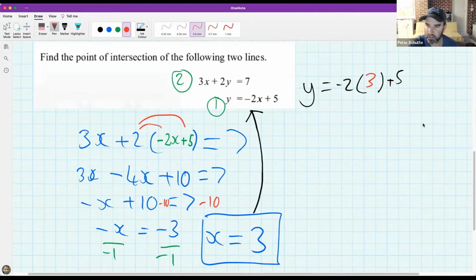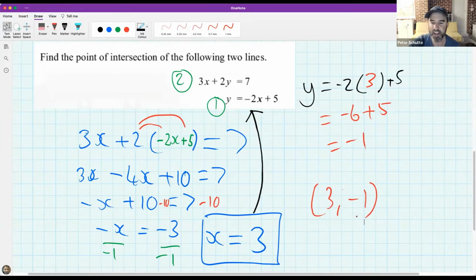Perfect. And so I assume, Tsepang, if I'm doing it now, minus 6 plus 5, did you get minus 1? Yes, sir. Perfect. So your final intersection point is (3, minus 1). And that's where the two lines would meet, which is fantastic. Well done, Tsepang.